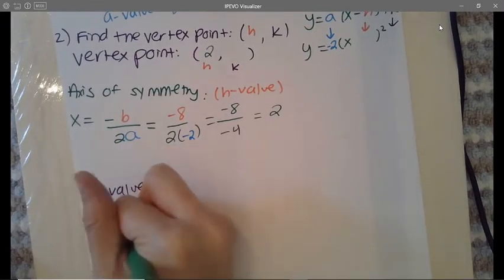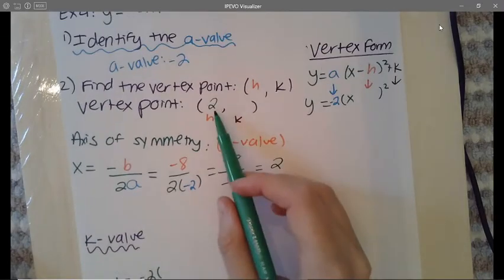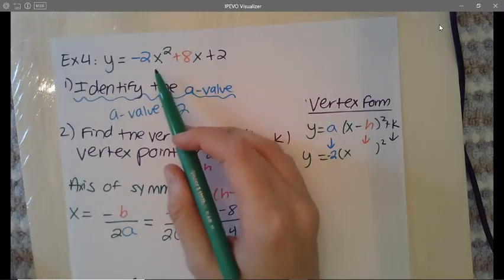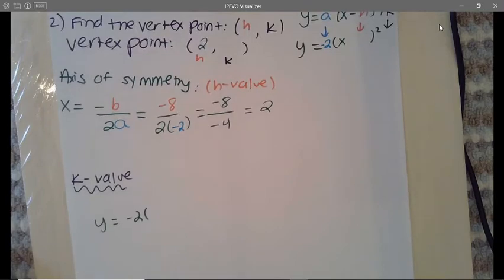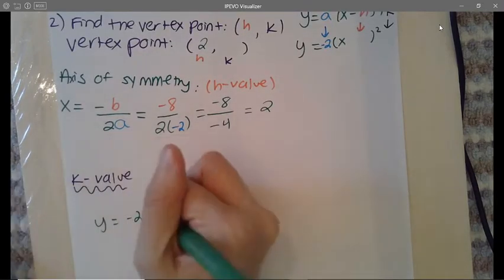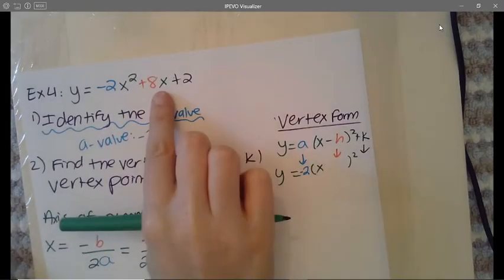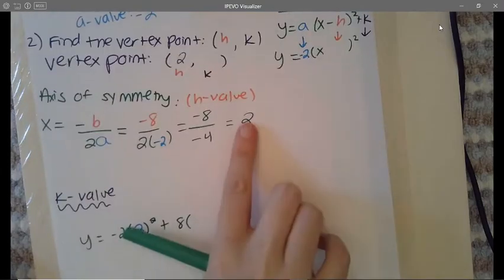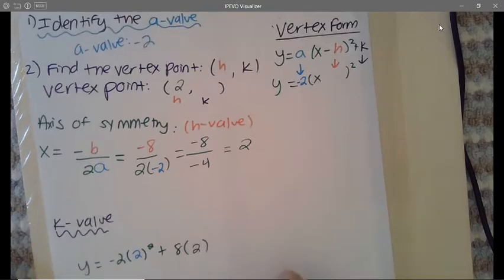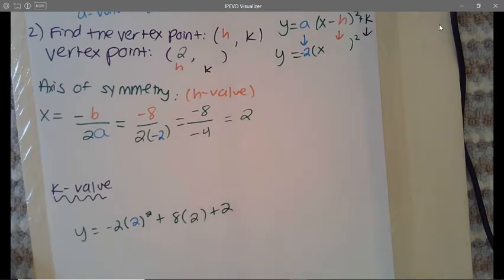So we have y equals -2 times 2 squared, plus 8 times 2, and then plus 2.